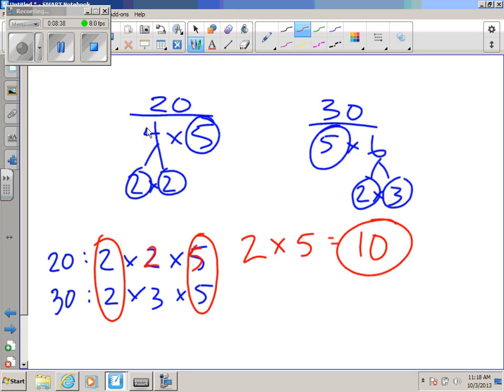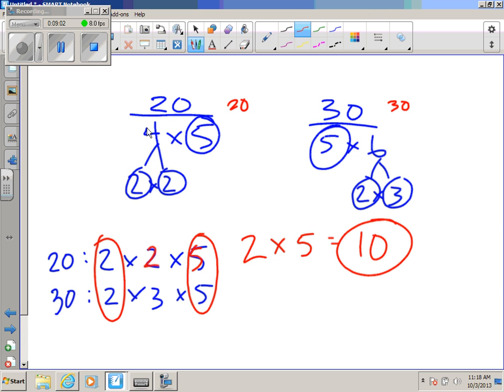Yep. Because really, what is the biggest factor that 20 can have? Biggest one here. 30. Can 20 have 30 as a common factor? No, it's already 20 is the biggest as it can go.